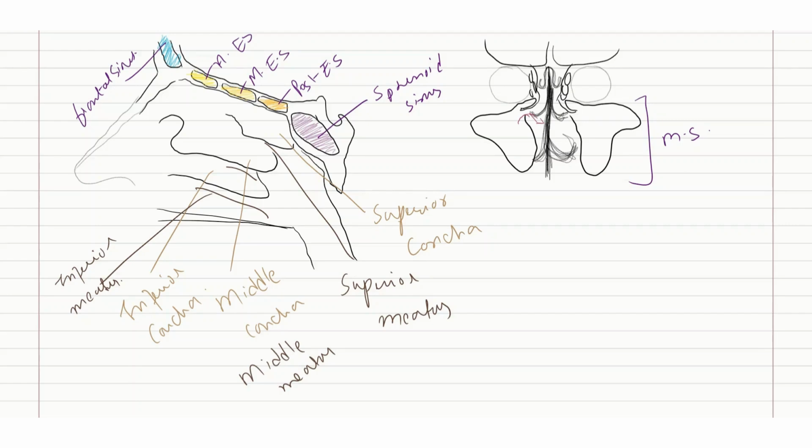This is the middle meatus, this is inferior meatus, and this is the superior meatus. This is superior concha, middle concha, and inferior concha. Now, the maxillary sinus will drain from this small opening into the middle meatus, and this opening is called hiatus semilunaris.